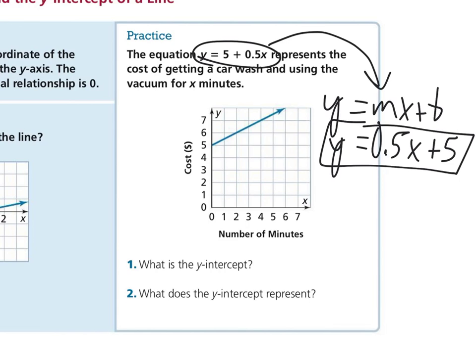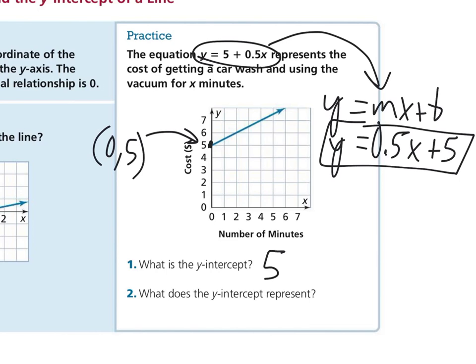So the first question, what is the y-intercept? The y-intercept is 5. That's where our graph intersects the y-axis. And then what does the y-intercept represent? Think about the coordinates of this point. The coordinates of this point are 0, 5. So that represents 0 minutes costing us $5. This is like an initial cost.